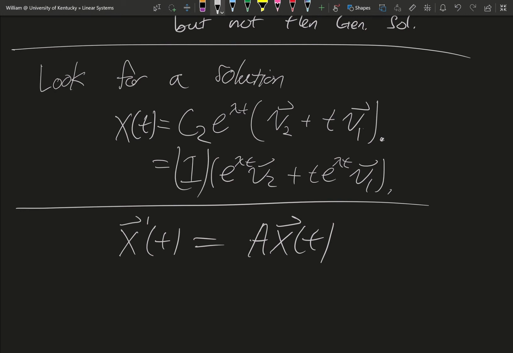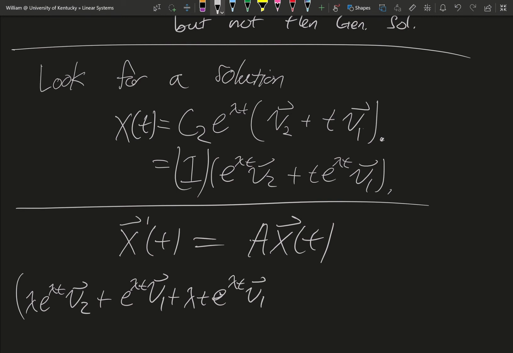So x prime is going to be lambda e to the lambda t V2, and then plus, well, we take the derivative of the t first, and then we take the derivative of e to the lambda t. Okay, so that's our left-hand side.